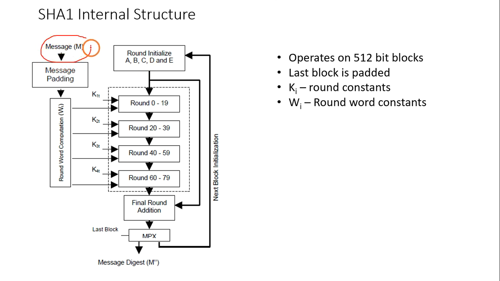Here is the message that you give as input, the plain text. SHA1 operates on 512-bit blocks. If your message is less than 512 bits in length, the algorithm is going to pad the message so that it becomes a multiple of 512 bits.